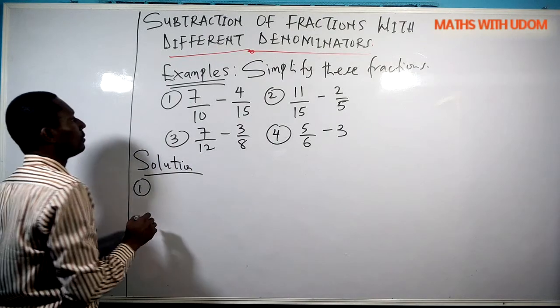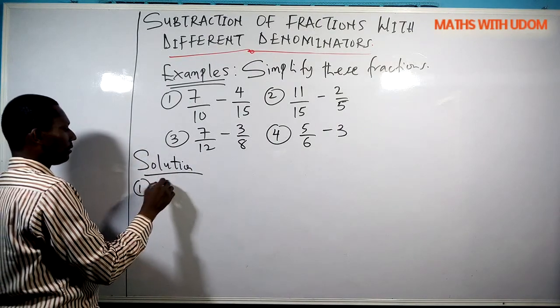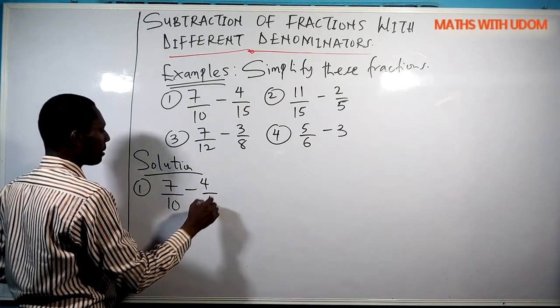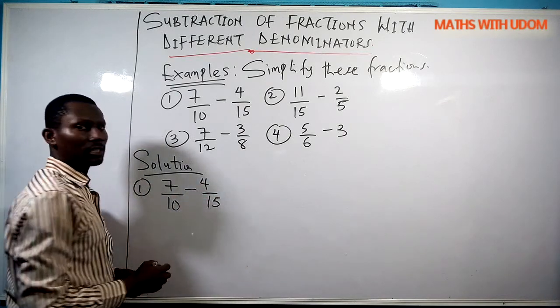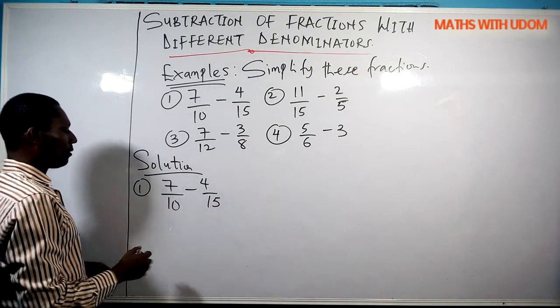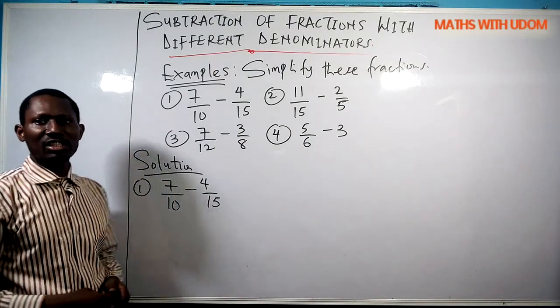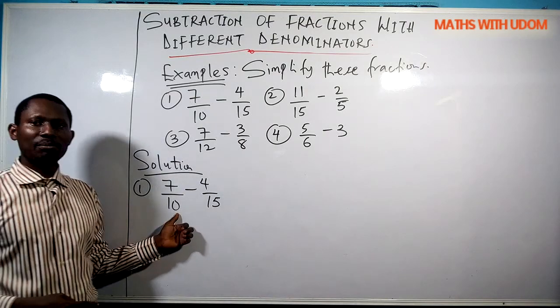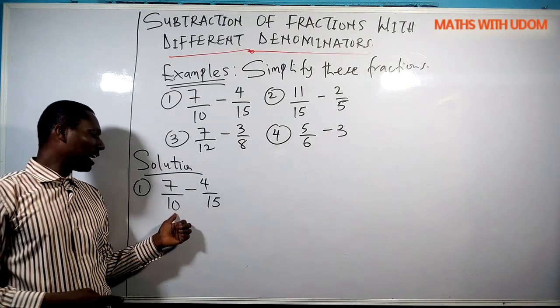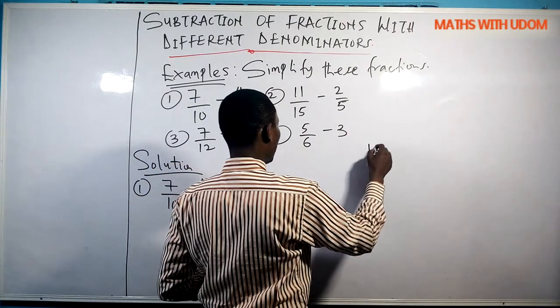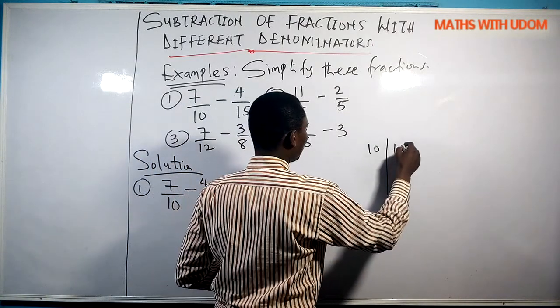Number 1. So we have 7 divided by 10 minus 4 divided by 15. Now we find the LCM of 10 and 15. That's the first thing to do. So let's do it in this column. 10 and 15.